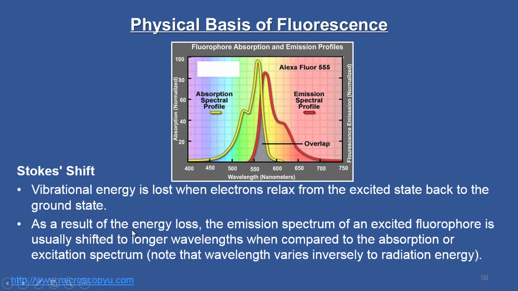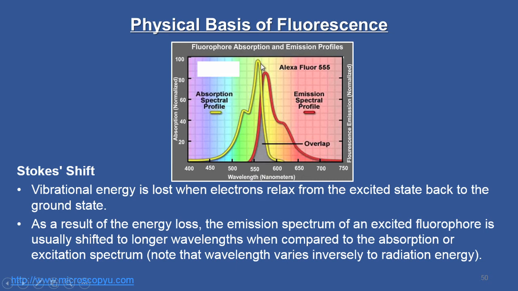As a result of energy loss, the emission spectrum of an excited fluorophore is usually shifted to a longer wavelength when compared to the absorption or excitation spectrum. Note that wavelength varies inversely to the radiation energy.